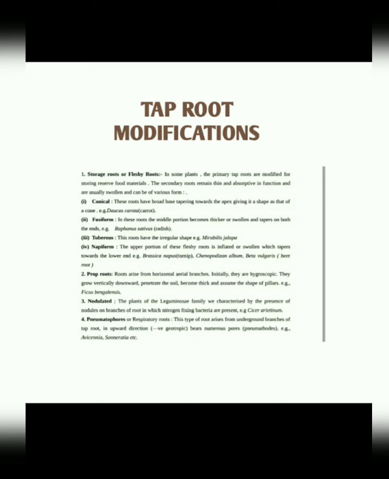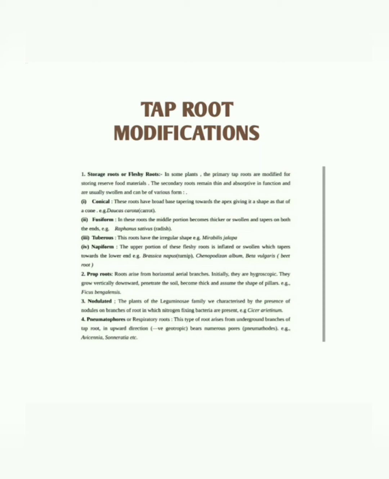The next one in the list is fusiform. In these roots, the middle portion becomes thicker or swollen and tapers on both the ends. Here we have the example, Raphanus sativus, radish. So what is the scientific name of radish? Raphanus sativus. So what is fusiform?